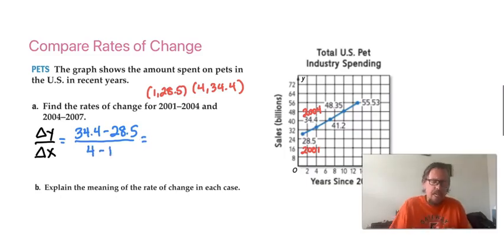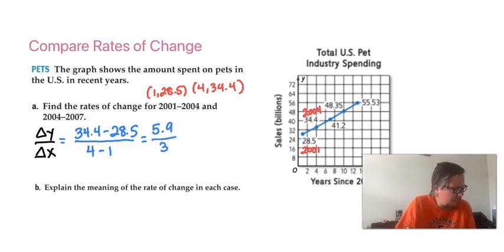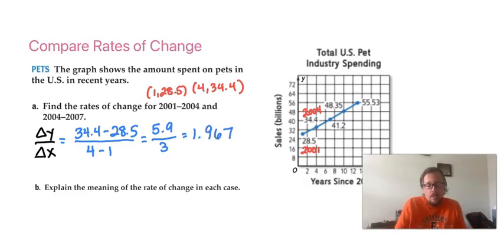So on the top, we've got 34.4 minus 28.5, and that is going to give us 5.9. That sounds right. Divided by 3, and that's going to be 1.967. So the rate of change is 1.967 over that 3-year time period.